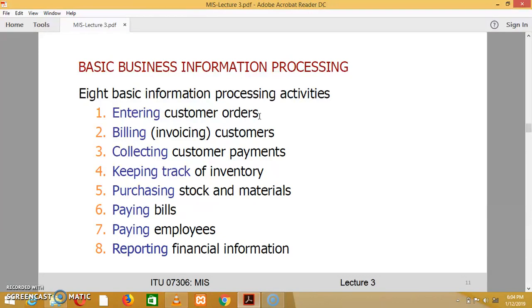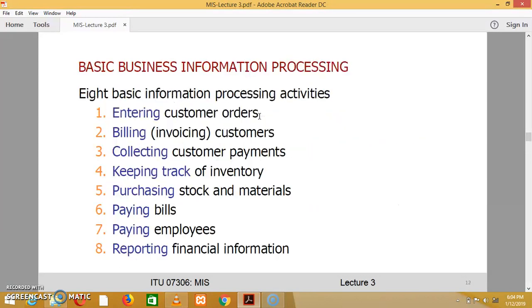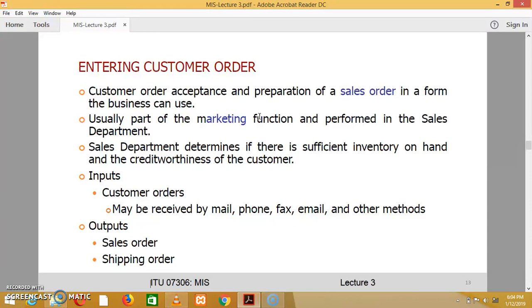It may be by email, phone, or other means like fax. The customer's order is received by parts of the functions, in this case marketing, and here we have inputs and outputs, that is the sales order and the shipping order.